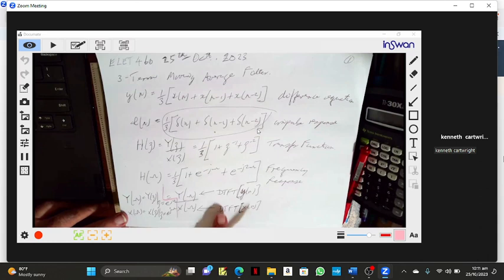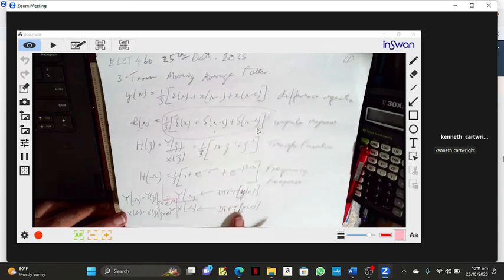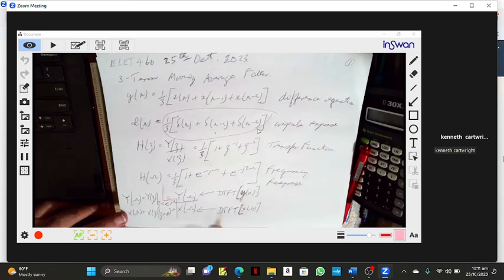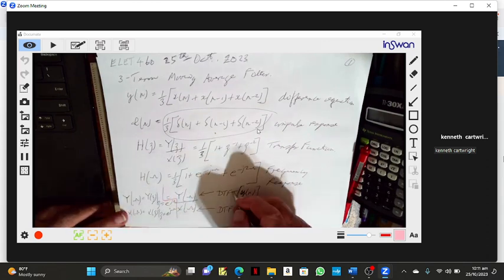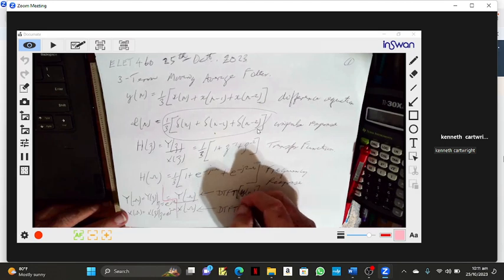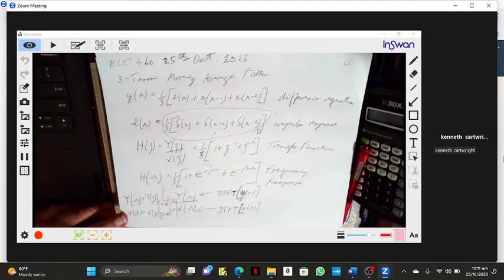And again, it's the discrete time Fourier transform. Similar to taking the Fourier series of y, except that it's not Fourier series, it's Fourier transform.